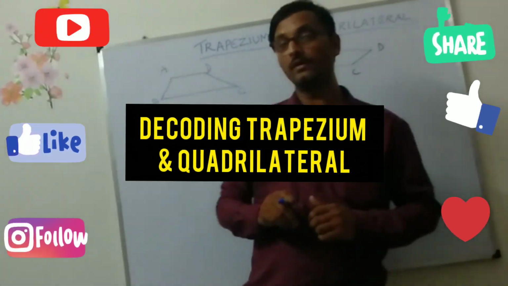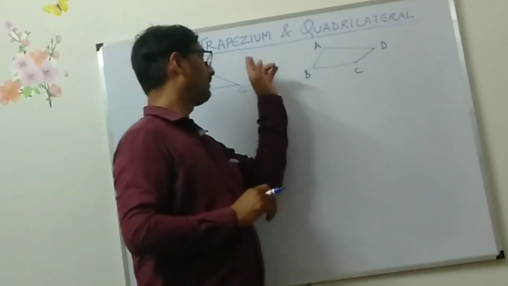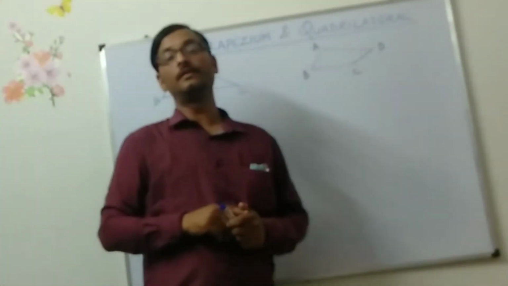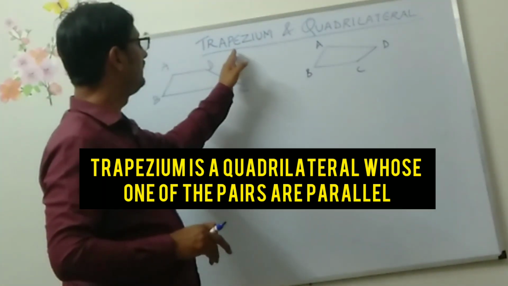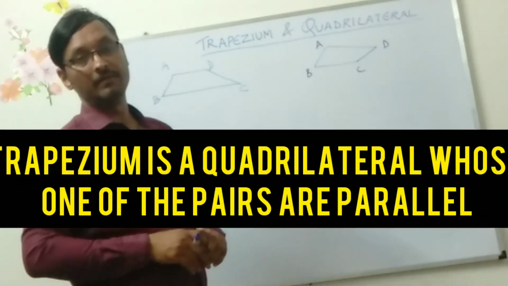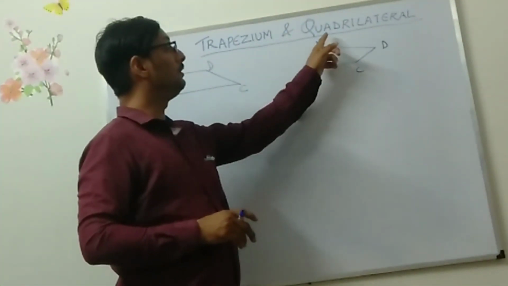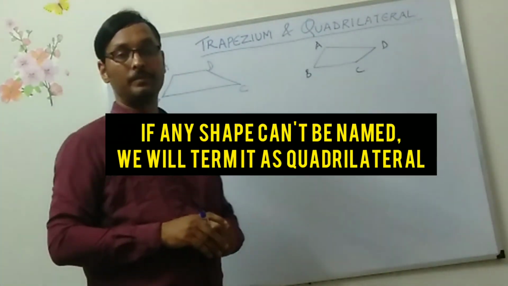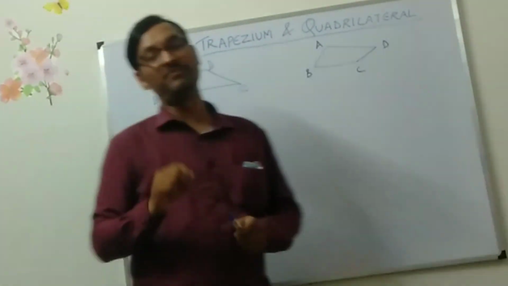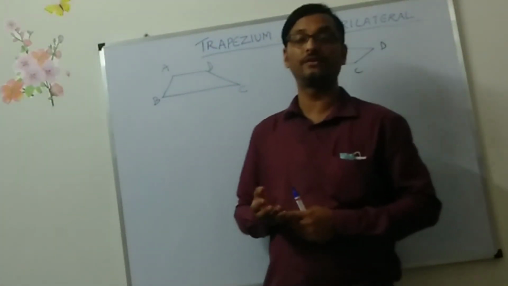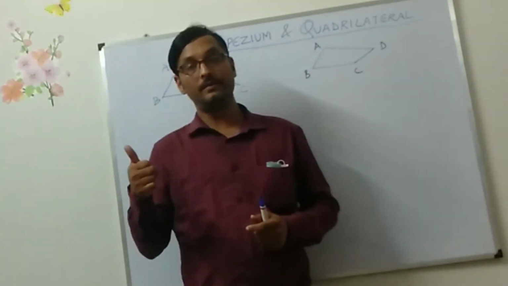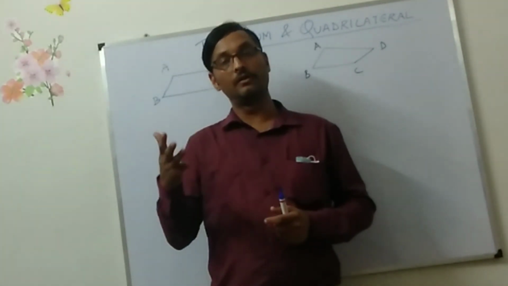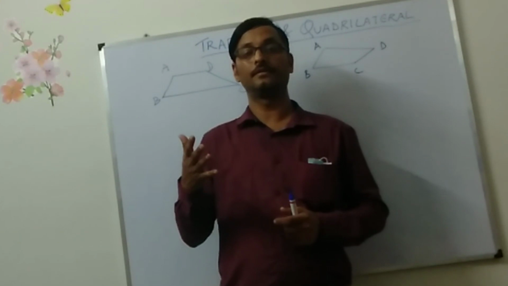But in this video, I'll be making you understand about trapezium and quadrilateral. Now, your next question will be, sir, trapezium is also a quadrilateral, then why are you telling separately about quadrilateral? See, in my previous videos, I have made you understand about square, rhombus, rectangle, parallelogram and kite.